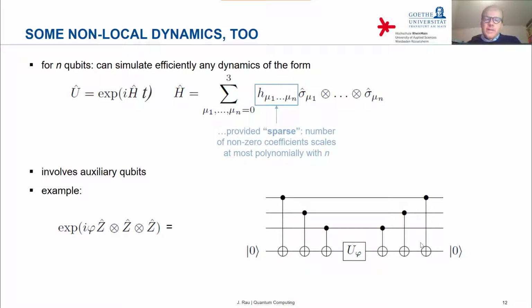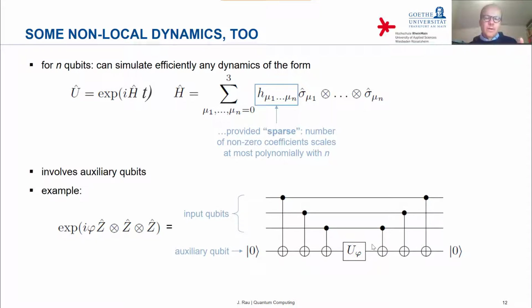I claim that this unitary evolution is simulated by the circuit that you see on the right hand side. There you see that you have 3 input qubits, the 3 upper qubits. And then below you have 1 auxiliary qubit which starts in the basis state 0 and ends up in the basis state 0. In the first stage, with a series of C-NOTs, the input qubits are coupled to the auxiliary qubit.